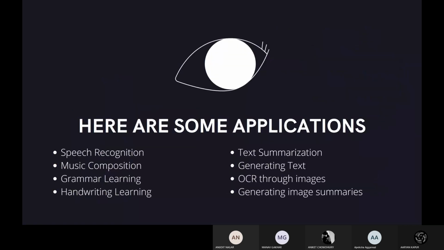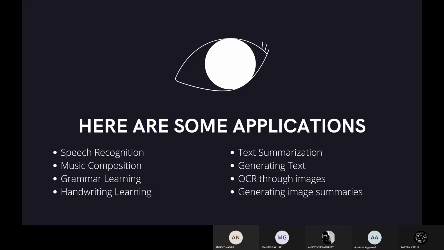Here are some basic applications of LSTM. We have speech recognition, where I can speak and it can recognize that. We have music composition, where we feed streams of music that help the model learn and compose music on our behalf. We could have grammar learning: we can teach them how our language works and train them to do language modeling and other things.